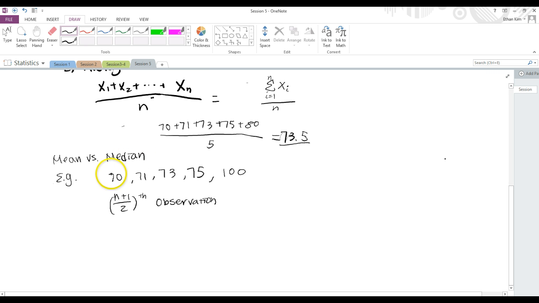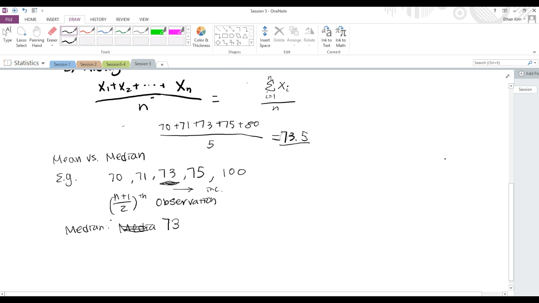And since these are in increasing order, we don't have to worry about the order. As before, 5 plus 1 over 2 is 3, so we're looking at the third observation: 1, 2, 3. This one is our median. So the median is 73, same as before.